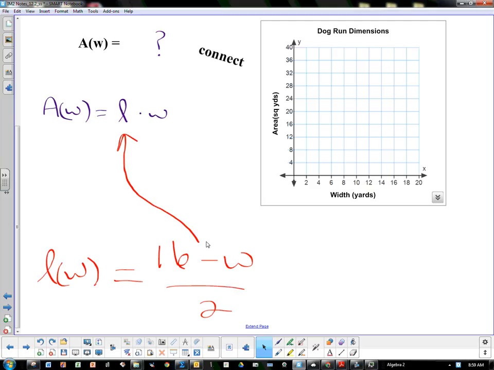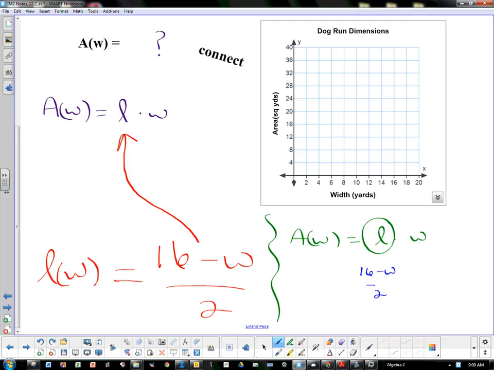Can't I take this and have it take the place of that L right there? Yeah? Absolutely I can. All right, so watch carefully. A of W is equal to L times W. I'm going to take this L and substitute. L is really equal to 16 minus W all over 2 inside parentheses, and then multiply by W. Yes?